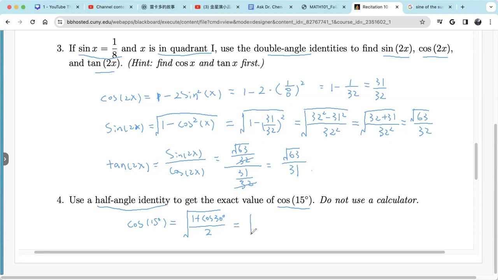Then that equals, what's cosine 30? Cosine 30 is root 3 over 2.